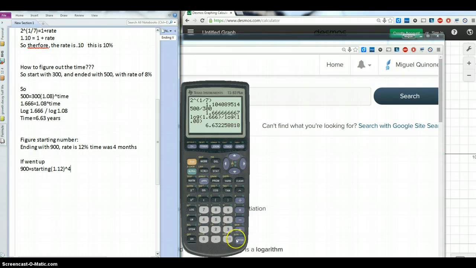And then you can use your calculator for that. So you're going to have to figure out this number first. So 1.12 to the power of 4 is that.